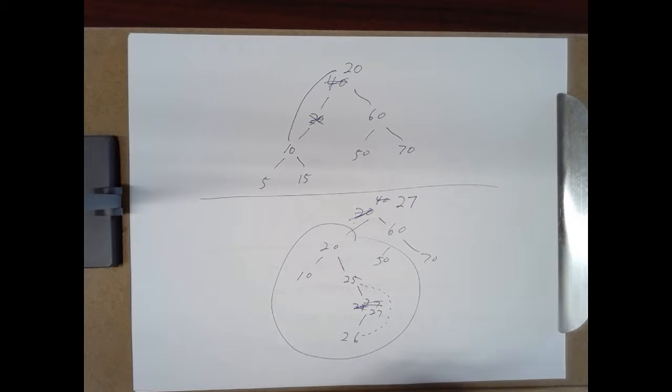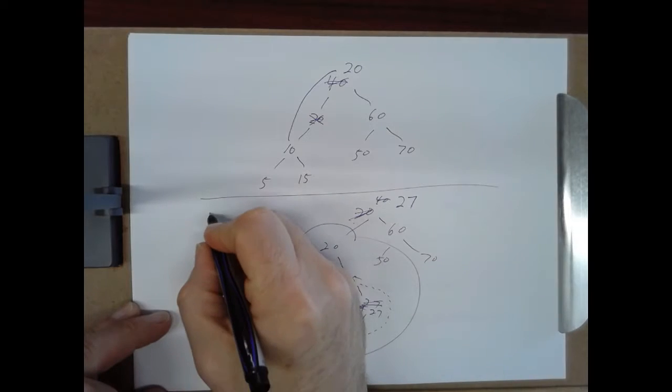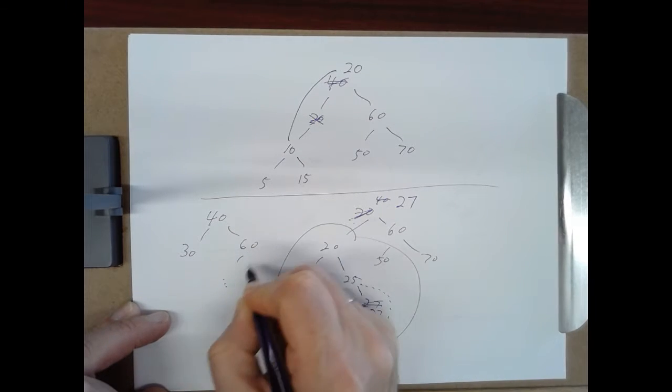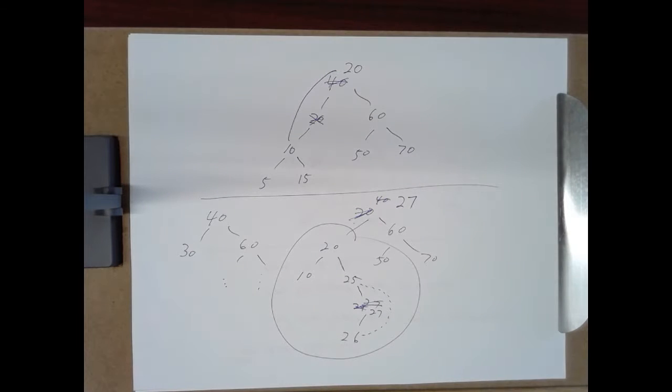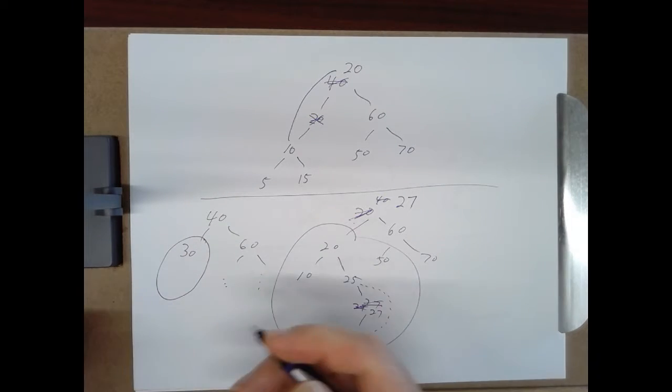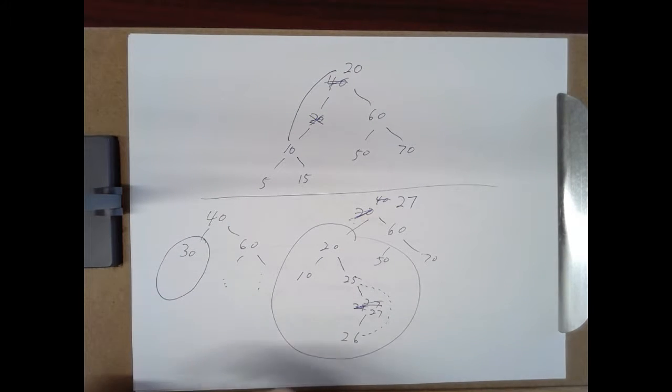So to find the largest node in the left subtree, first we move to the left, if there is a left, and then we start going to the right. And it may be that our tree looks like this. And the largest node in the left subtree will be 30. And what we did was we moved to the left subtree, and we found right off the top we could not move to the right.